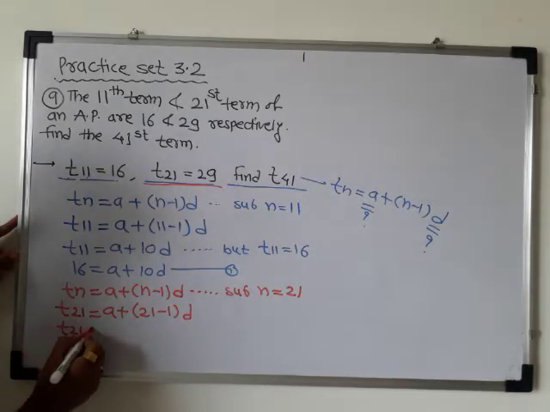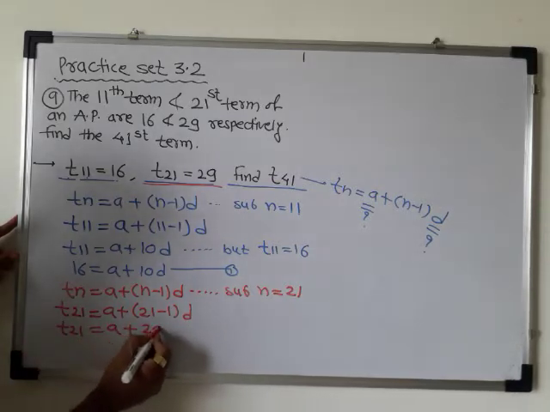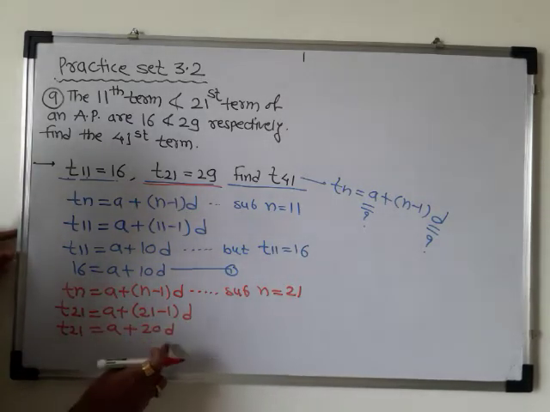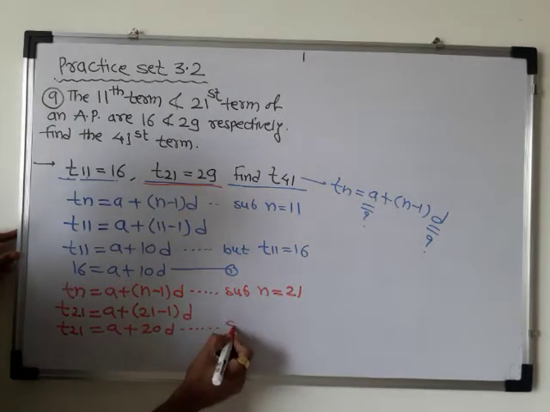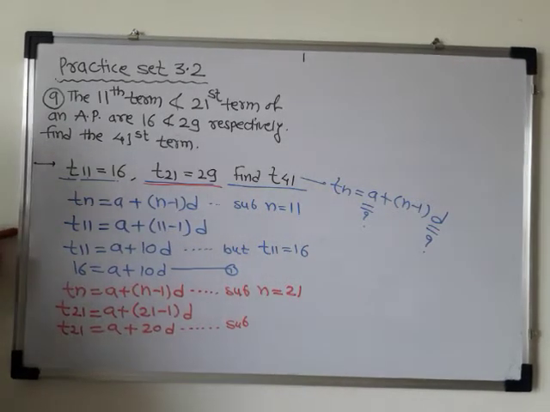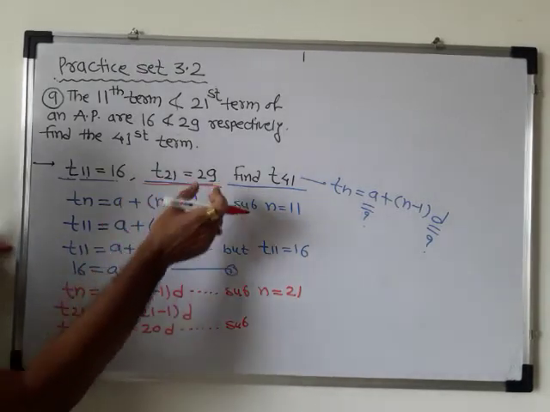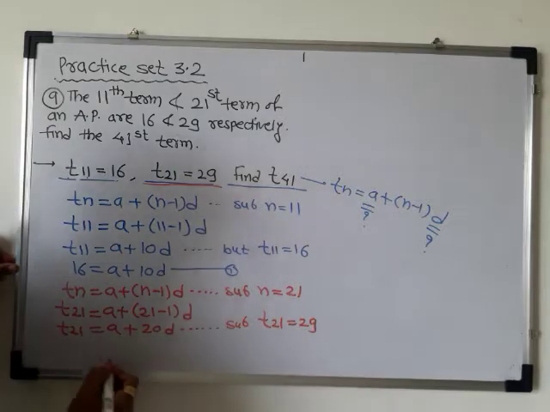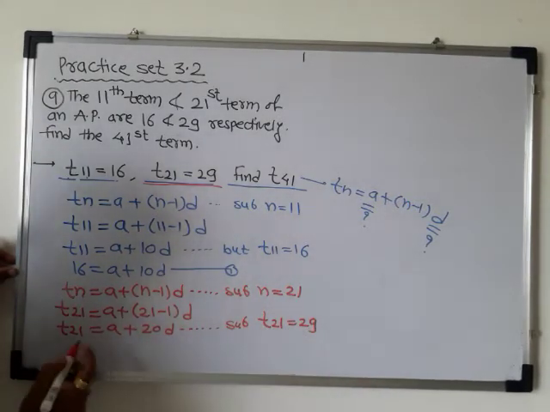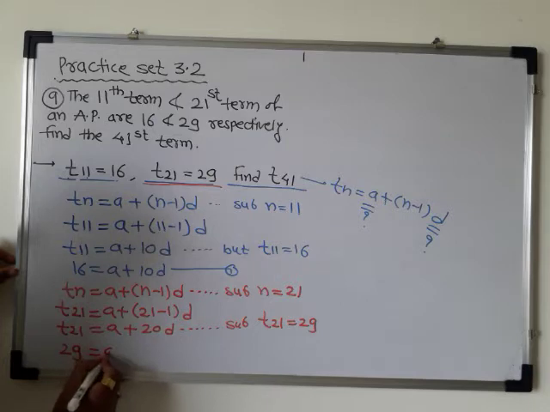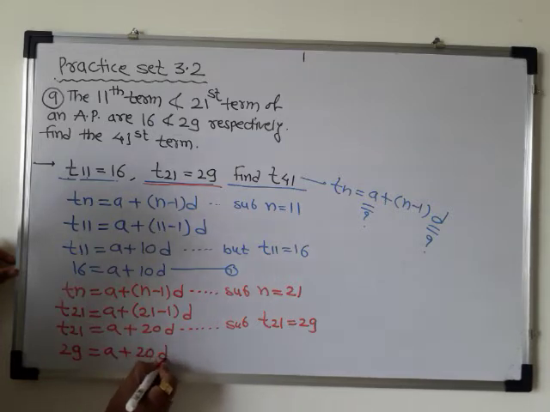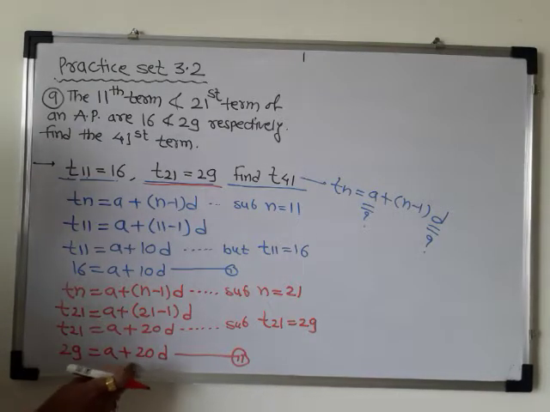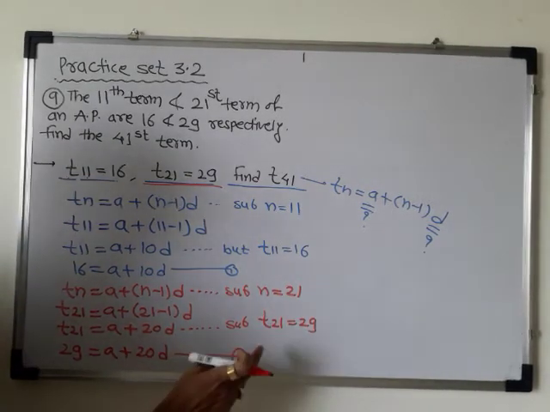So you got T21 is equal to a plus 21 minus 1, that is 20d. Now substitute: the 21st term is 29. So we got 29 is equal to a plus 20d, which is the second equation.